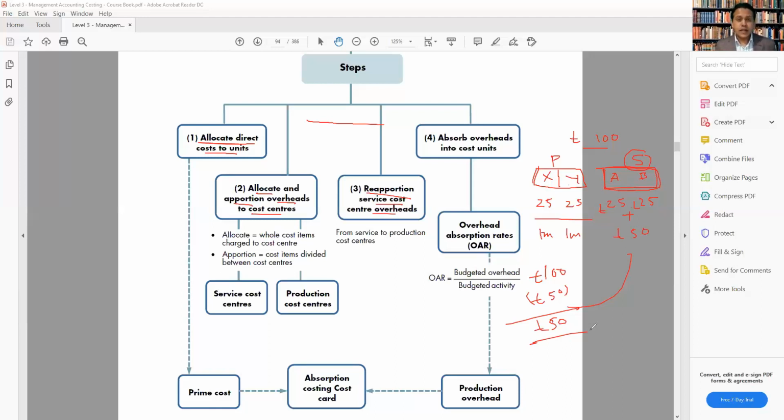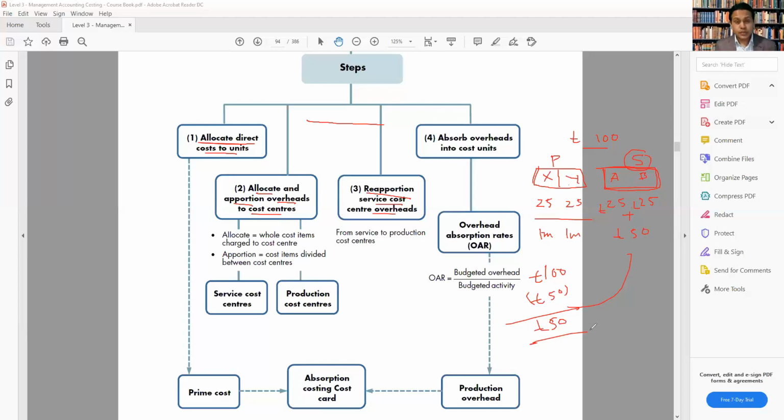If you have time, have a look at this chapter so that next week we can focus on this chapter and try to do all these questions. I went really slow on chapter number 4 today because I want all of you to understand this question.